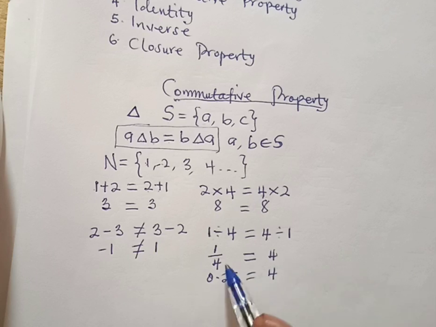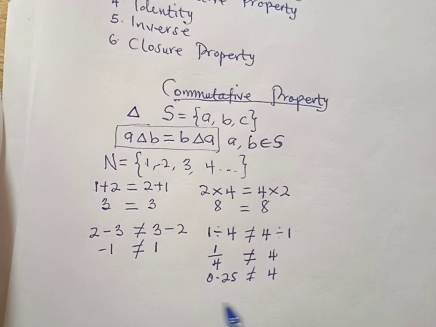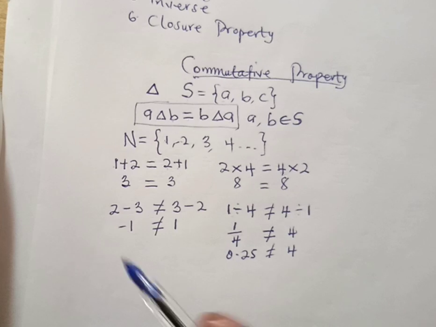Are they the same? They are not the same. Since they are not the same, we can conclude that division of natural numbers is not commutative.